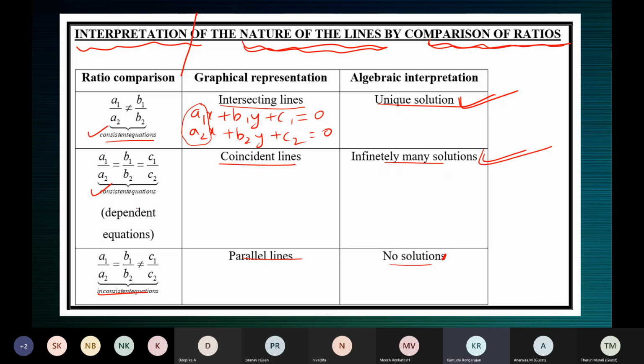Consistent, you can make a note of this somewhere in your book. Consistent equations have at least one solution.